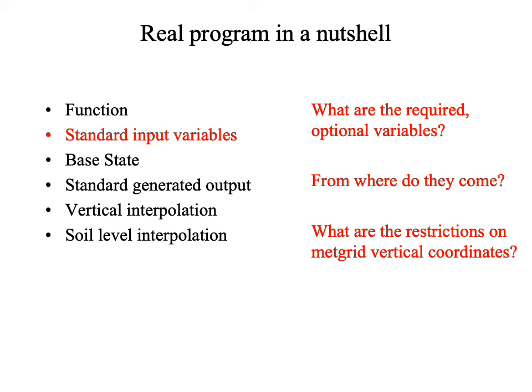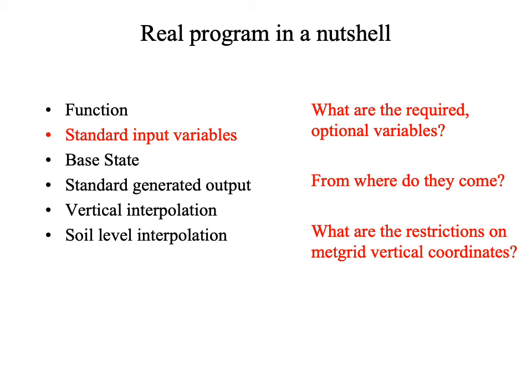And the ungrib program with the vtables that are already set up is able to pull the variables that the WRF model would like to see from those files and put those fields in the data stream that moves through metgrid and then through real into the WRF model.